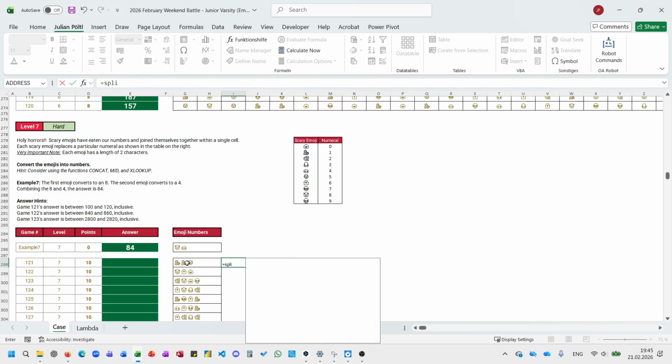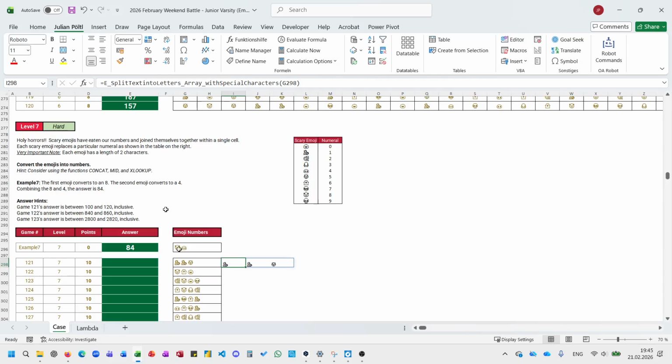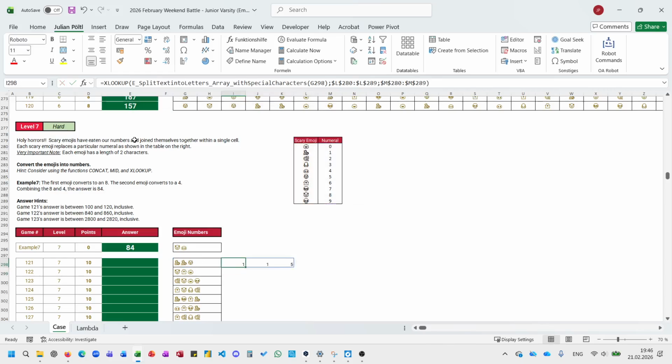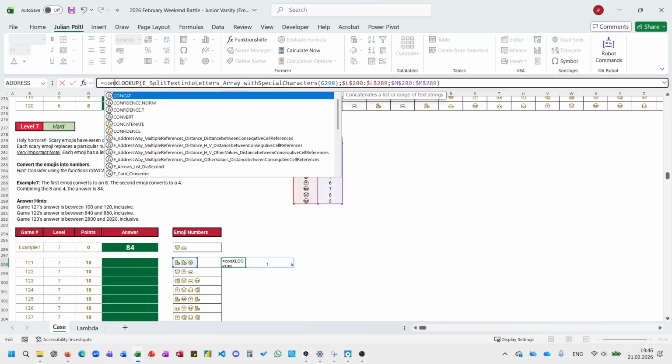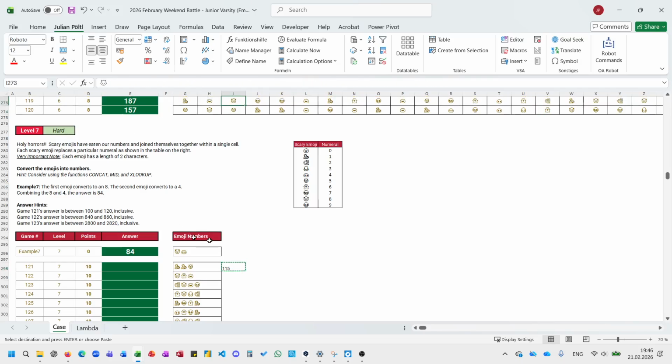Split text into letters. Erase with special characters. And this will work. And then XLOOKUP, and here, no, for this, splitted array, in here, returning the numeral, and then concat. Yeah.